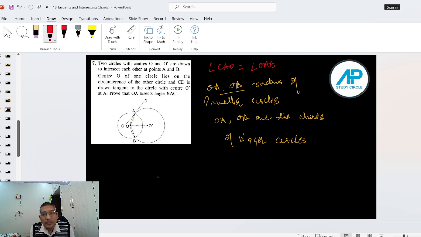So these two angles are equal. Look very minutely at the diagram. These two angles are equal because triangle OAB is an isosceles triangle.